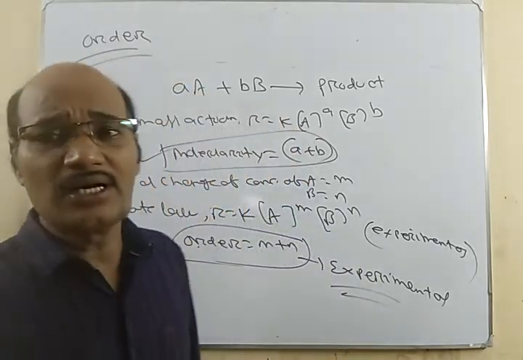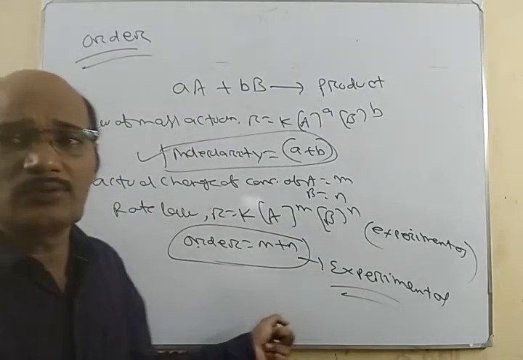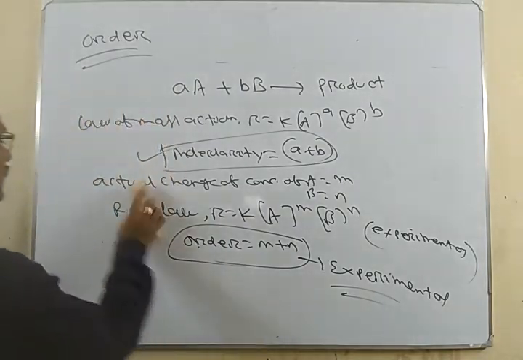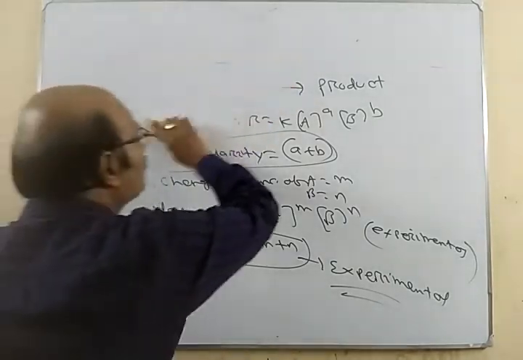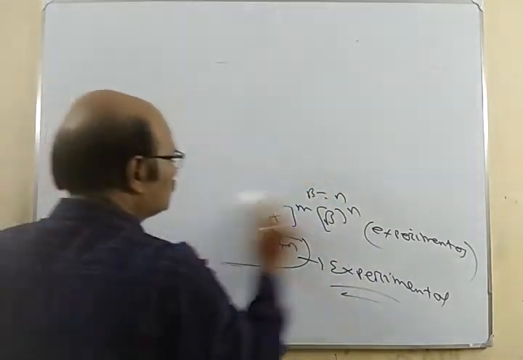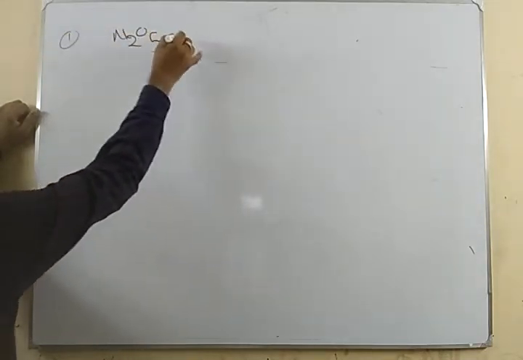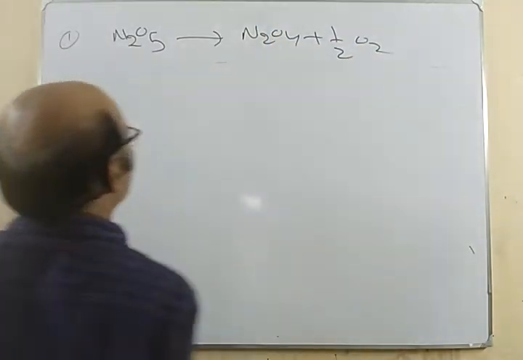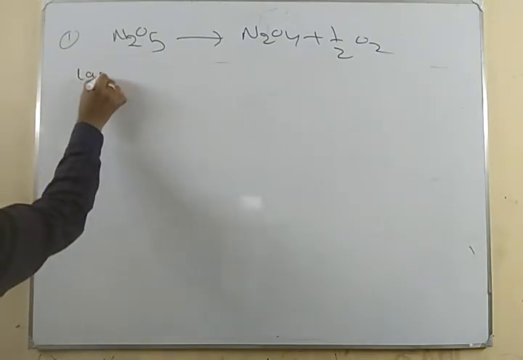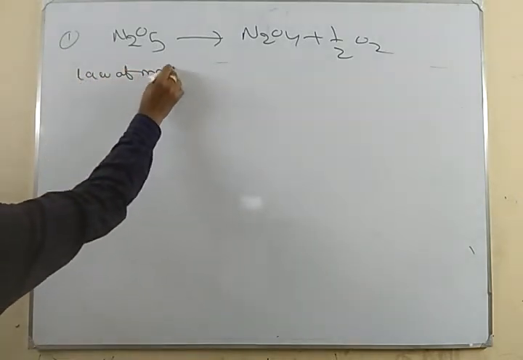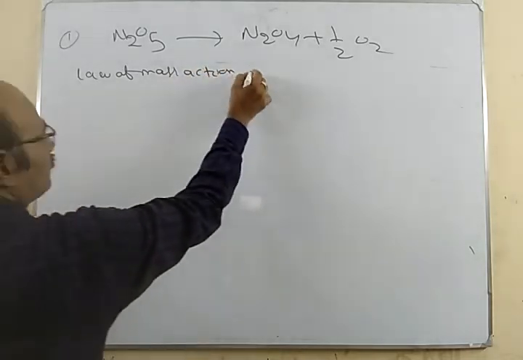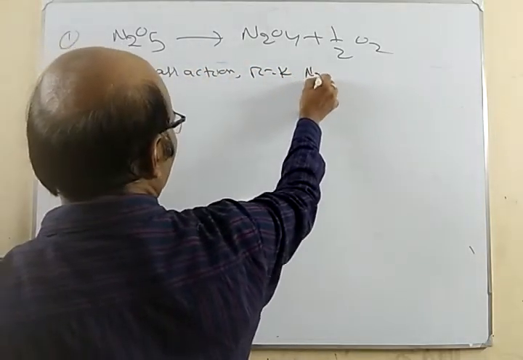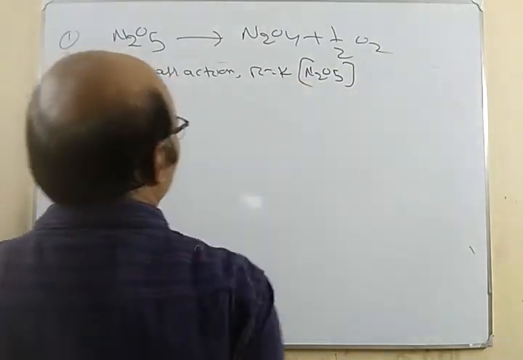Okay, so let us see different kinds of examples of molecularity and order, and how we express the law of mass action and also the rate law. Suppose we have a reaction of N2O5 giving N2O4 plus half O2. If I write the law of mass action, R = k[N2O5].